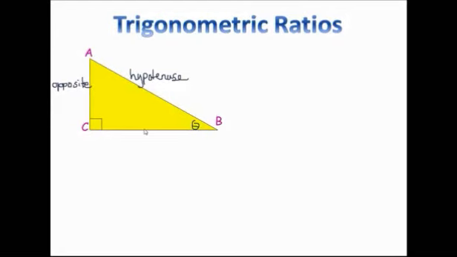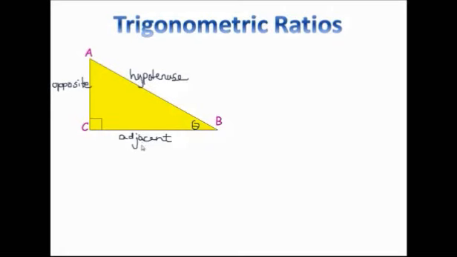And the last side is going to be the side that is just touching the angle that's marked, and it's in between the right angle and the marked angle. So that's this side here, and that's called the adjacent side. Okay, so we've got our three labels here: the opposite side, the hypotenuse, and the adjacent side.